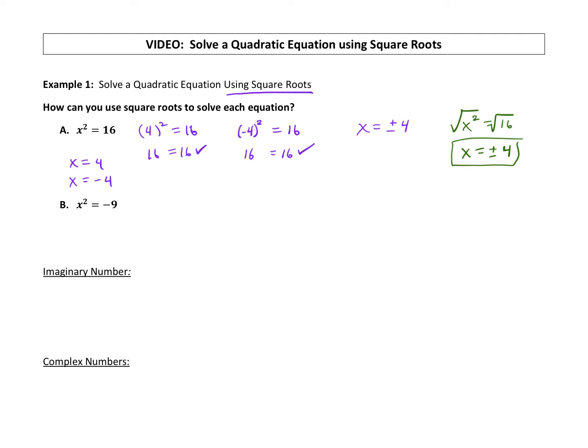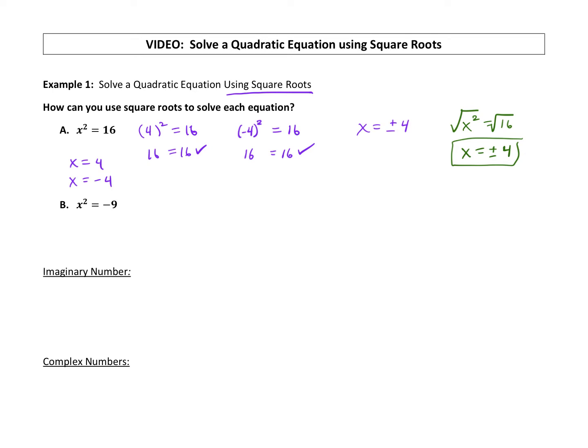All right, part B, x squared equals negative 9. So what number can we square that will result in a negative 9? As we think through possibilities, there is no number you can square and get a negative answer. A positive times a positive is positive. A negative times a negative will be positive.